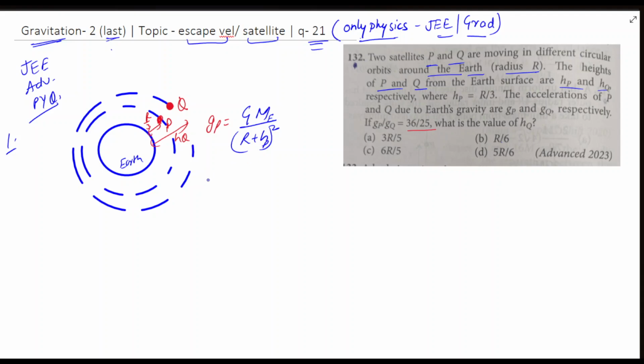Now this is HP, and for GQ, the ratio is given, so it will be GME upon R plus HQ to the whole square, right?